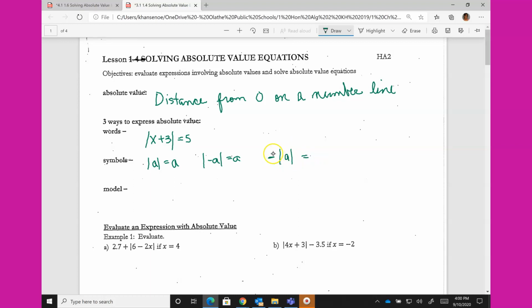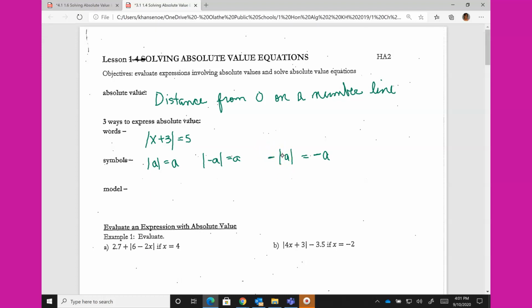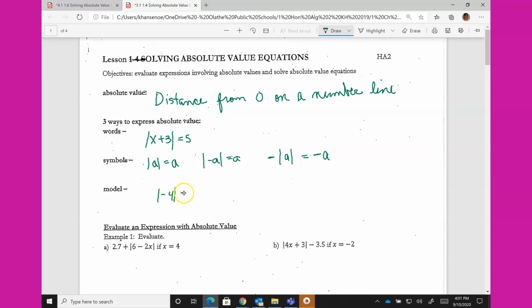The negative is on the outside, so that stays negative. That doesn't mean that the absolute value of A is negative A, because I have this negative on the outside. So the absolute value of a negative 4 equals 4.